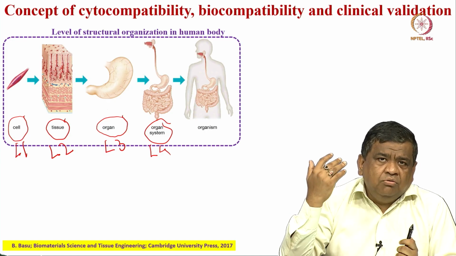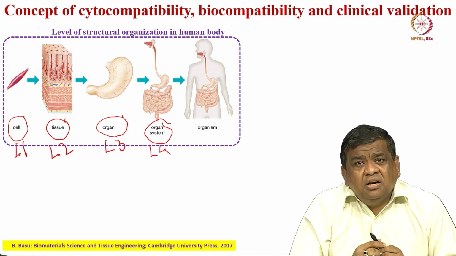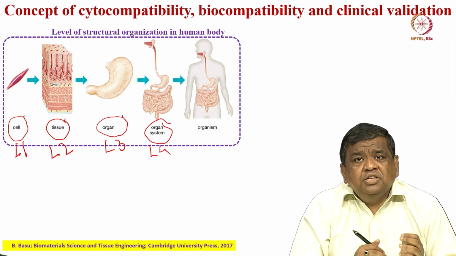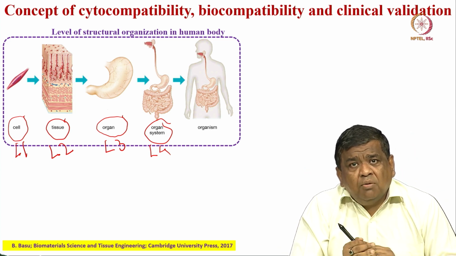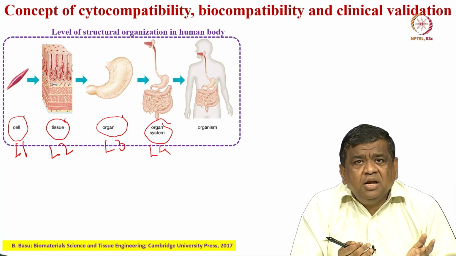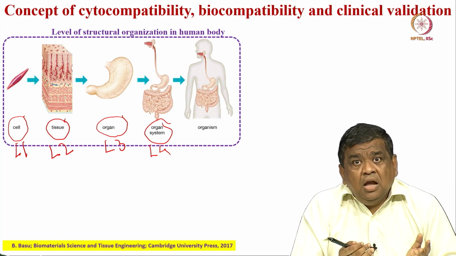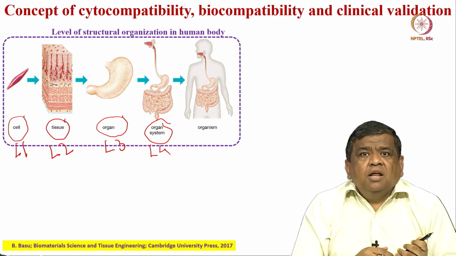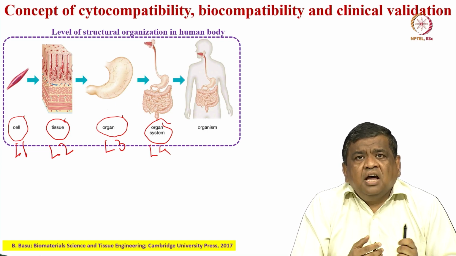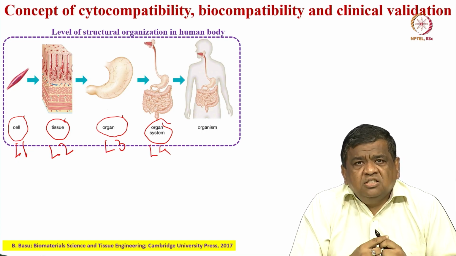And as I will explain to you later, whenever we develop any kind of synthetic materials which are processed outside the human body, for example by using 3D printing or biofabrication processes, it must go through animal study. One of the animal models that people use most extensively is the mouse or rat.